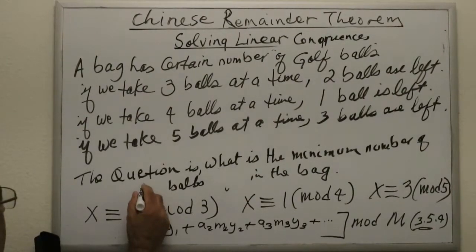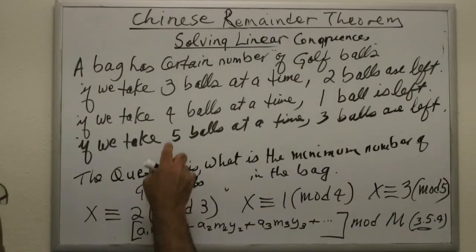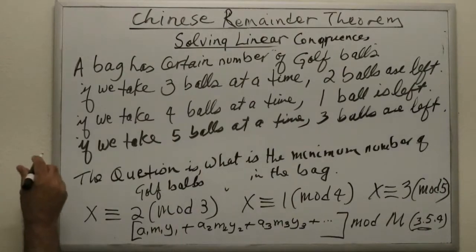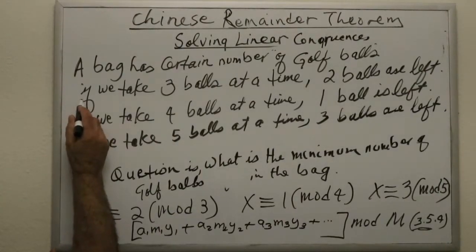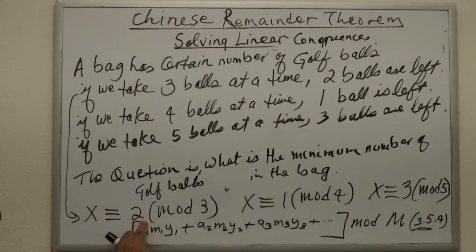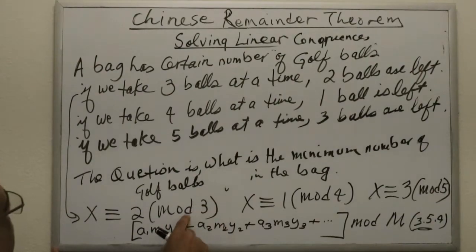So my goal is to solve this problem using the Chinese remainder theorem. So what I'm going to have to do from the first scenario here, I can draw this. So you see x is congruent to 2 mod 3, because when we took 3 balls at a time, we have 2.